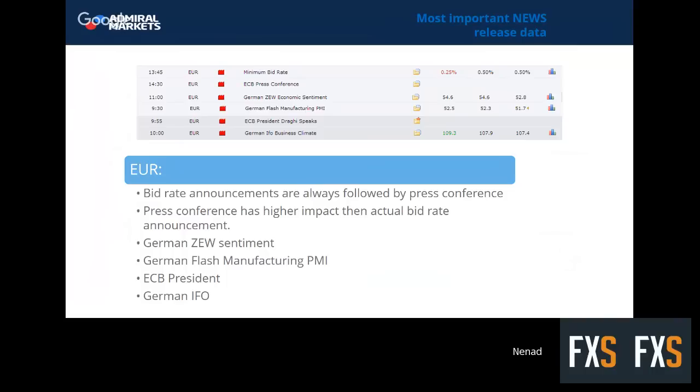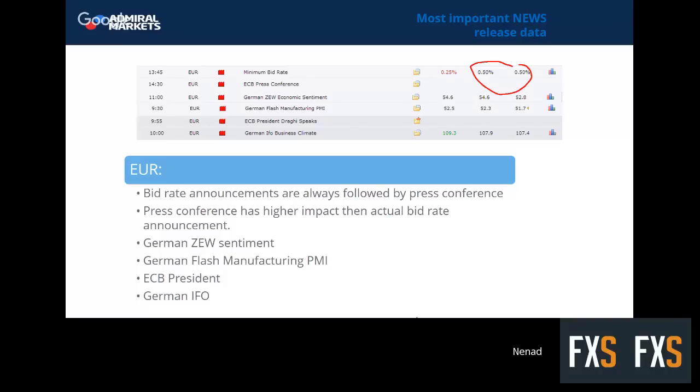What does it mean when we say that something is being priced in? It means that when price is moving, let's say in this example, this was a surprise because markets had a forecast that the bid rate would stay the same, 0.50, and markets were a bit surprised when the bid rate was announced at 0.25, so 0.25% lower. So it was a so-called rate cut.